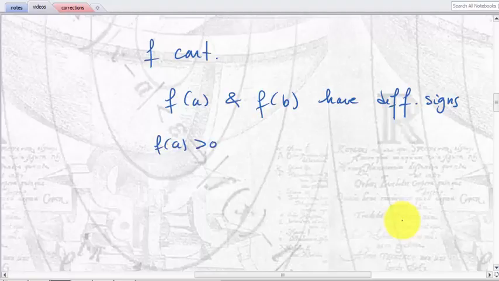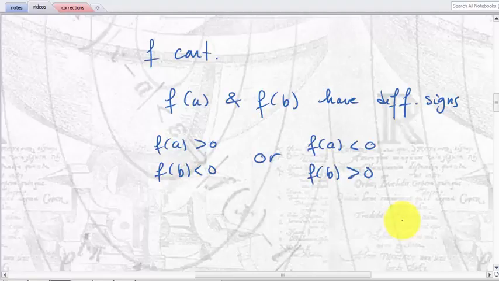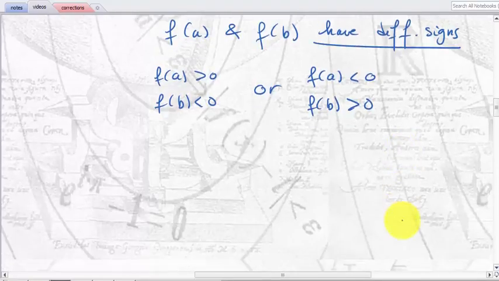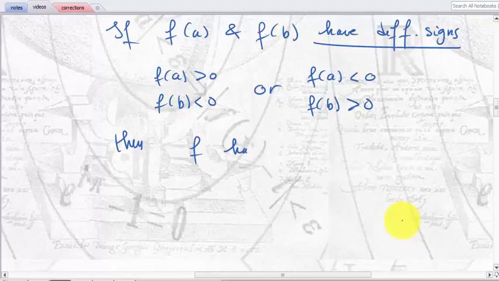Either f of a is positive and f of b is negative, or f of a is negative and f of b is positive. Then f has a root in (a, b), right?